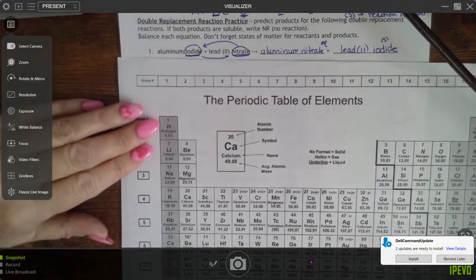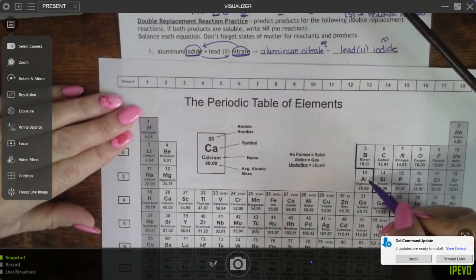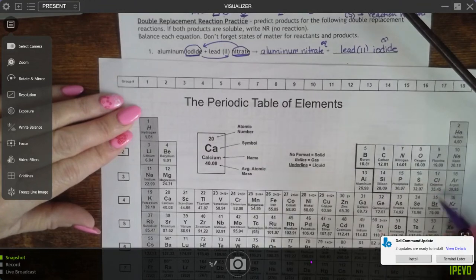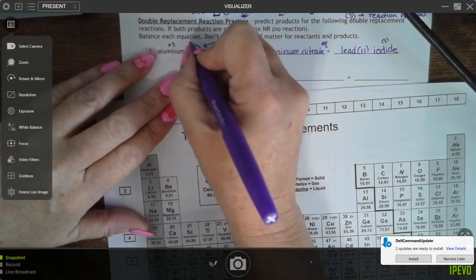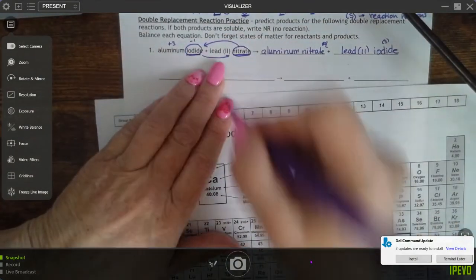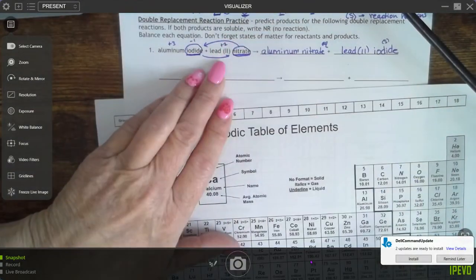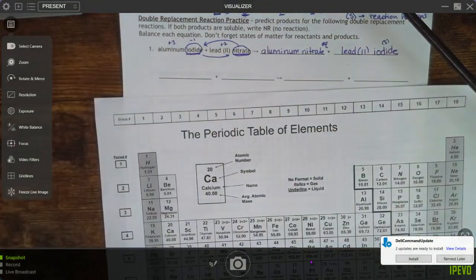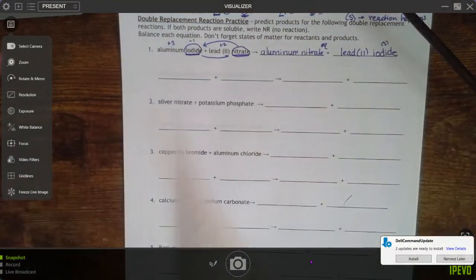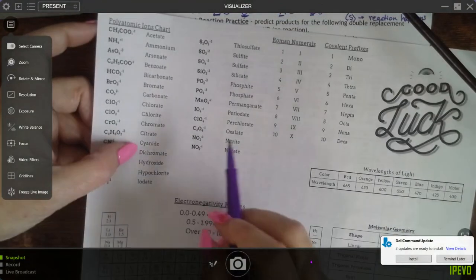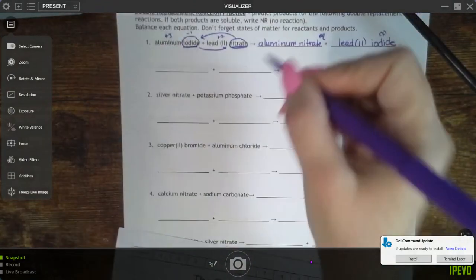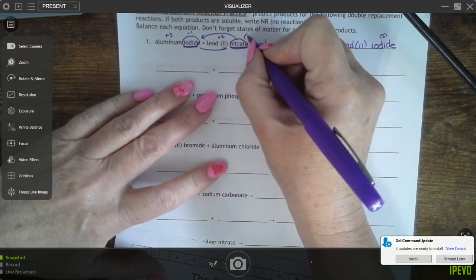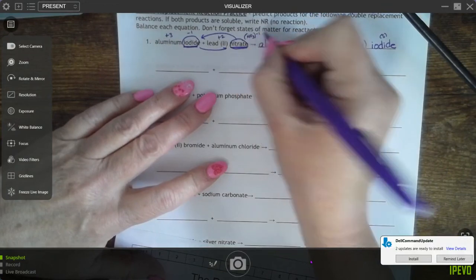Okay, so aluminum is +3, iodine is -1. Lead, this tells us lead is +2. Nitrate, remember nitrate on our list of polyatomic ions is NO3 with a -1 charge. I'm going to write this up here, NO3 -1.